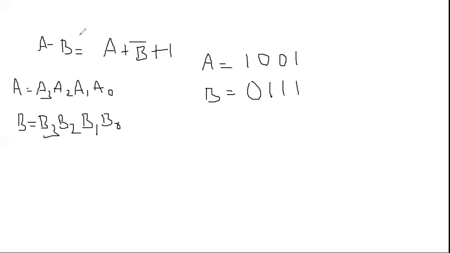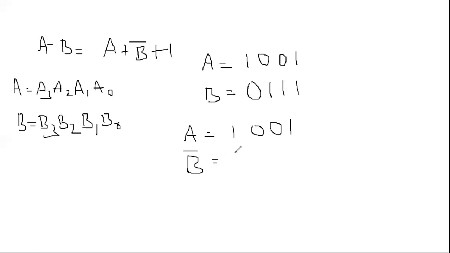To perform the A minus B subtraction, you can convert B into its complement value. I'm taking A directly as 1 0 0 1, and B is nothing but B bar, converting this into the one's complement.